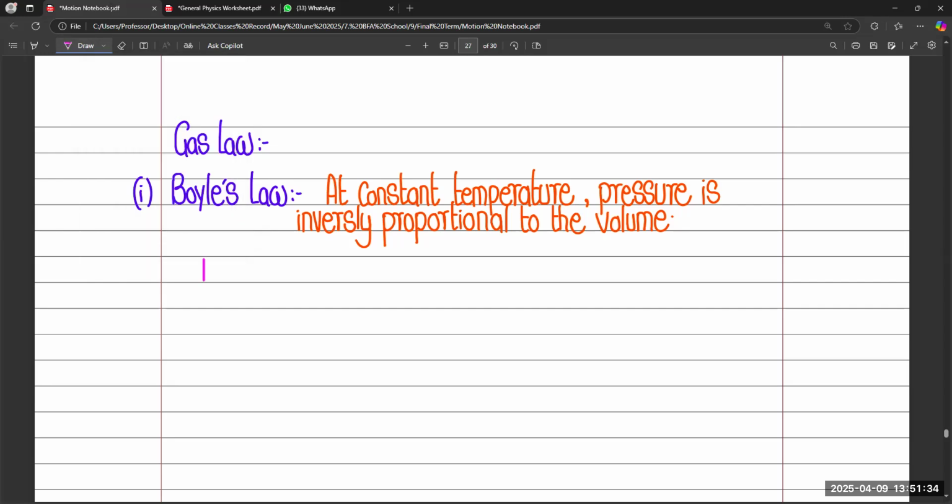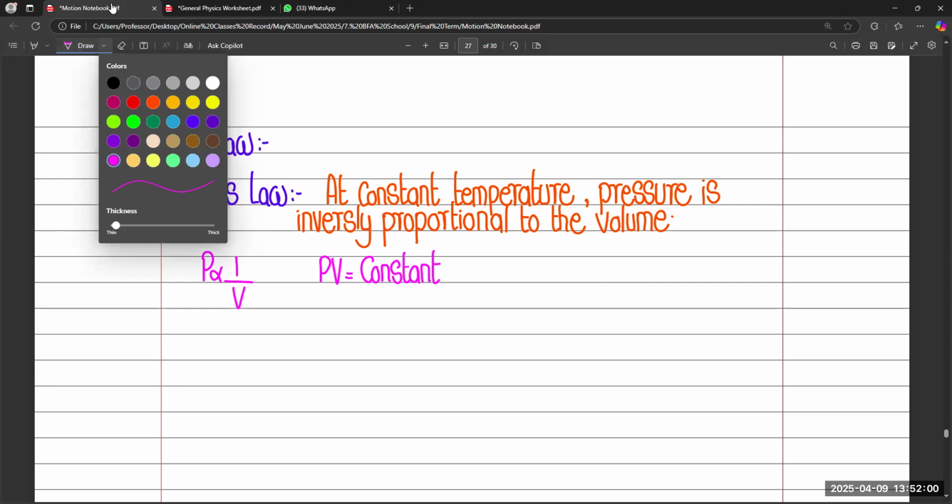So P is inversely proportional to V. And let's suppose we remove this proportionality sign, so we get a constant value on the right hand side.